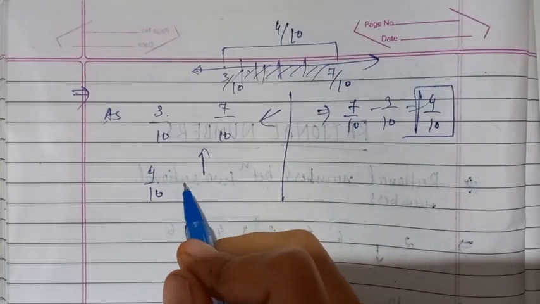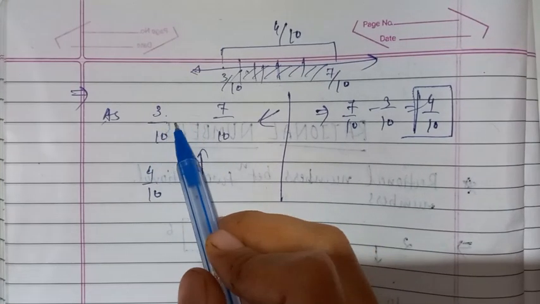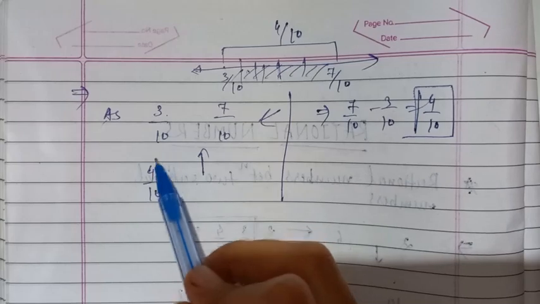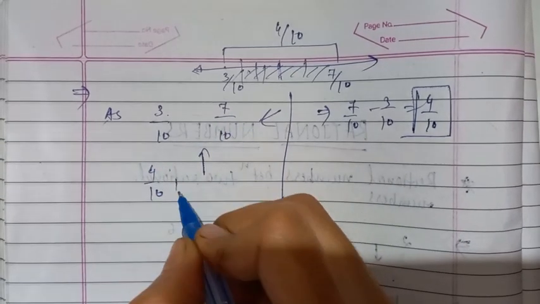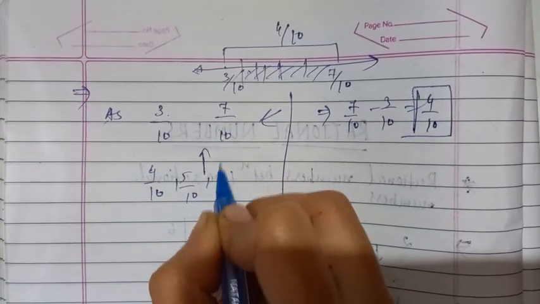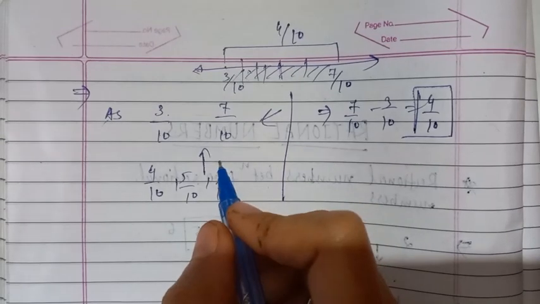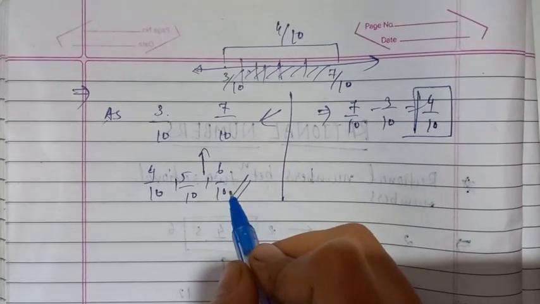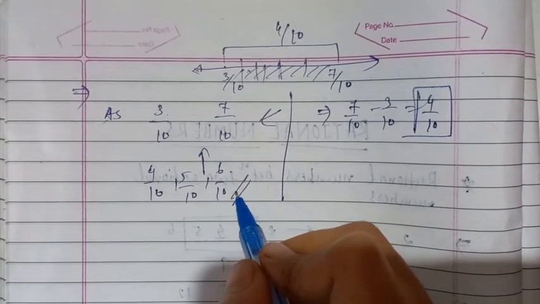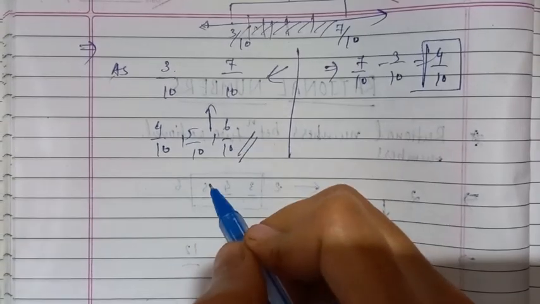You may have thought that in between 3 by 10 and 7 by 10 there are only 4 by 10, 5 by 10, 6 by 10, but it does not stop here, because there are so many.